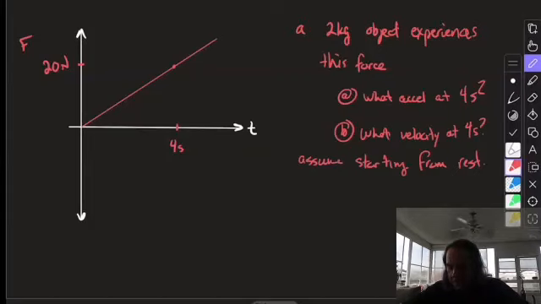And I would like to know, what's the acceleration at 4 seconds and how fast is it going at 4 seconds? First, question A is not meant to distract, but it's meant to screw over the kids who aren't really paying attention. They'll get A right often because you've got force, 20 newtons, mass, 2 kilograms. You can use F equals ma and get to the acceleration is 10 meters per second squared.